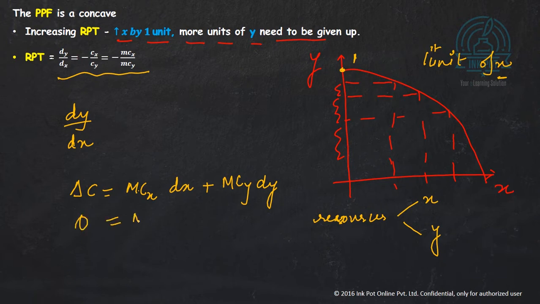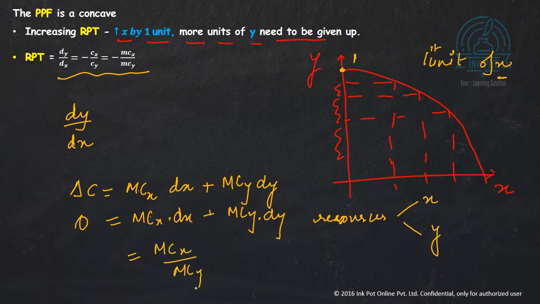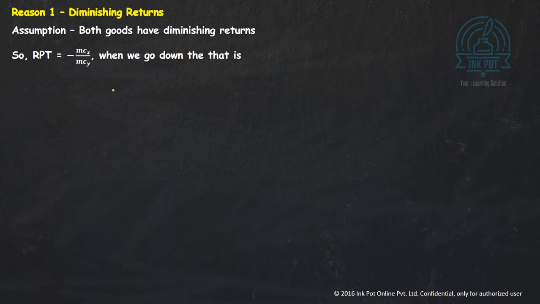So 0 is equal to MCx into dx plus MCy into dy. I can rearrange it and write minus MCx upon MCy is equal to dy by dx. So this is how I can write this to be true, and I proved it: RPT is equal to minus MCx upon MCy.